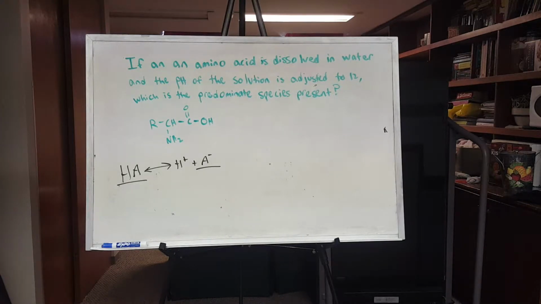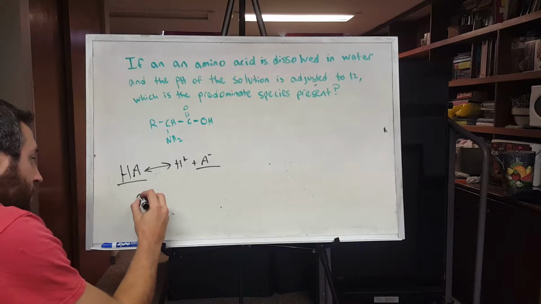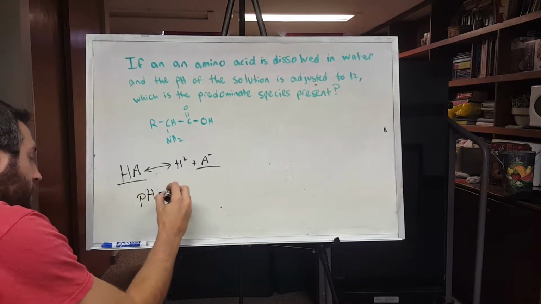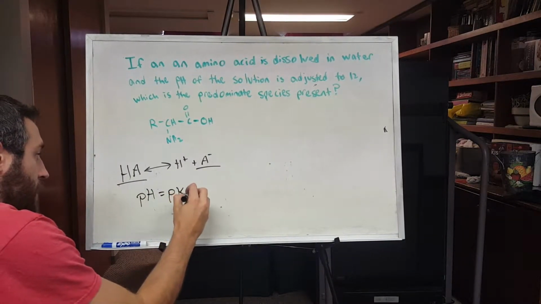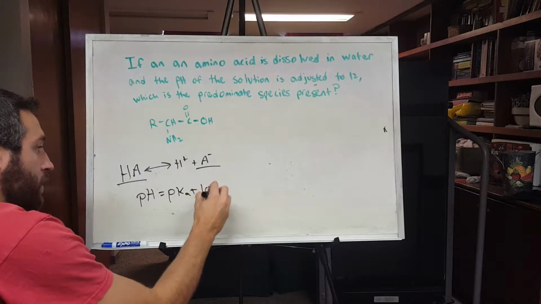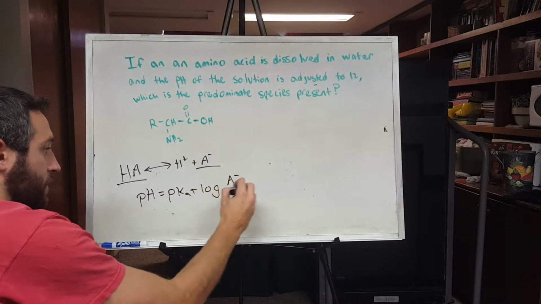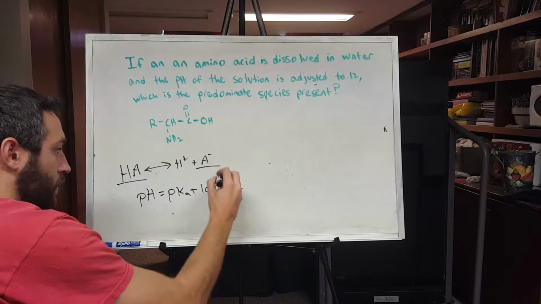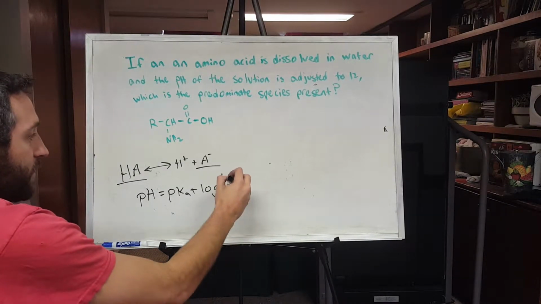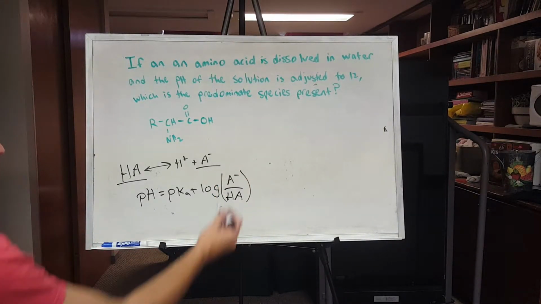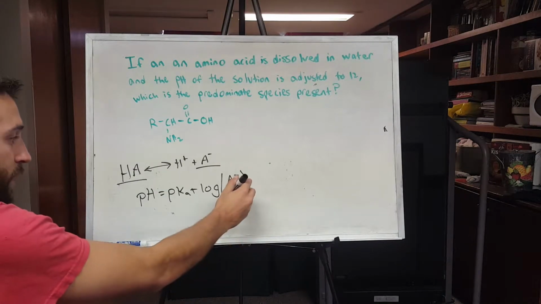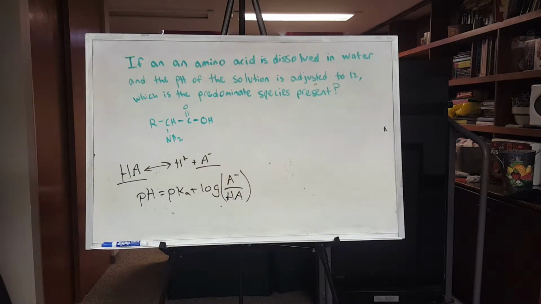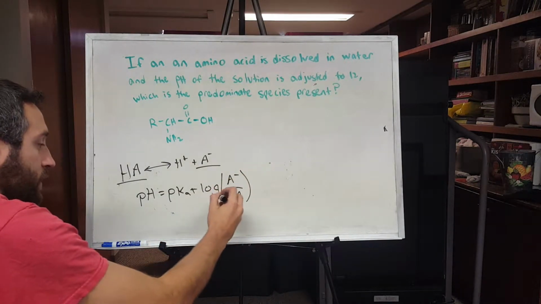If we remember general chemistry 2, Henderson-Hasselbalch equation, pH equals pKa plus log of the conjugate base over the acid. And so when this is 1-to-1, when you have, I don't know, 500 A minus divided by 500 HA, you get log of 1, which is 0.